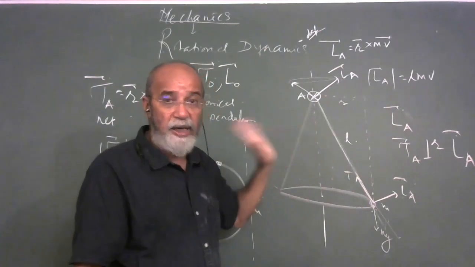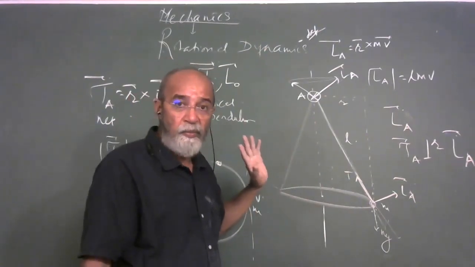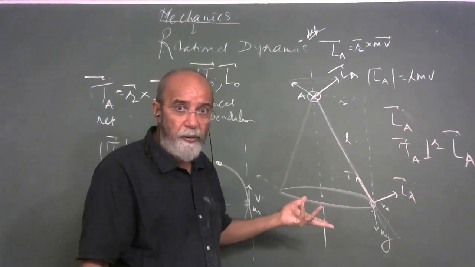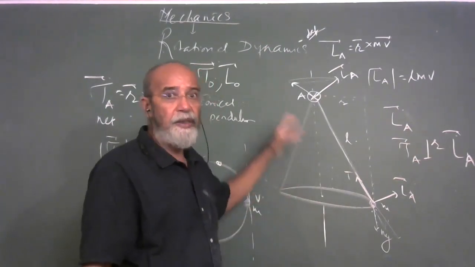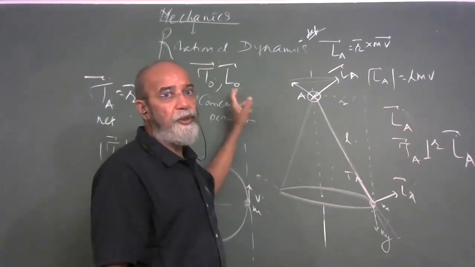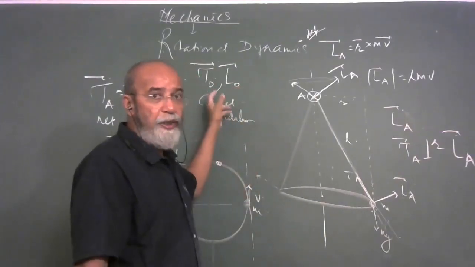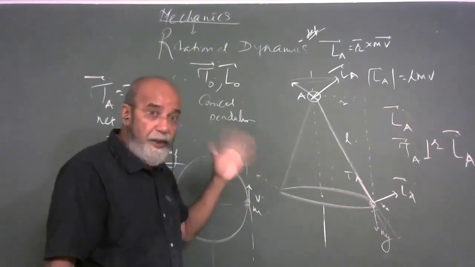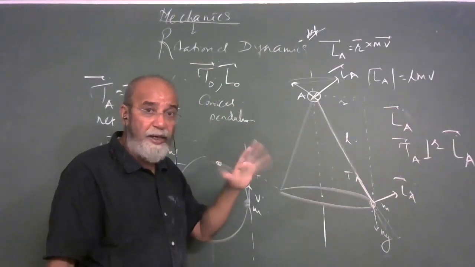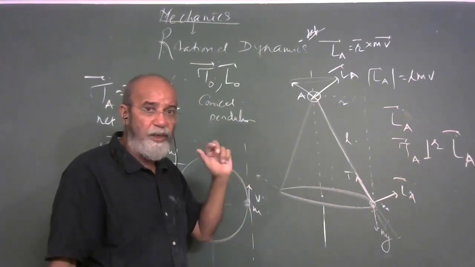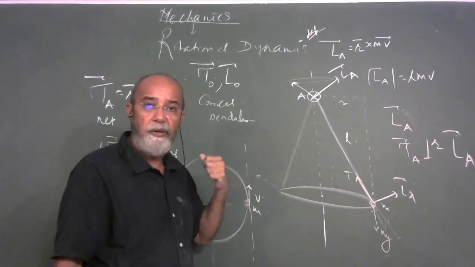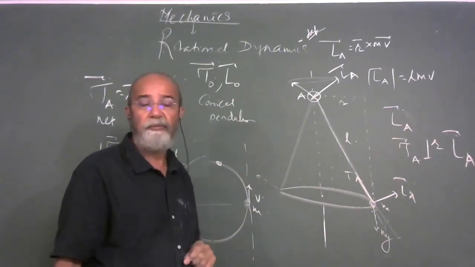Now, I'm going to highlight this further in the next class. But try and understand what I'm trying to tell you. I am not concluding my chapter. I'm just trying to tell you that there is a mutual relationship between torques and angular momentum, the motion vector. If you can exploit that mutual relationship, you will understand the dynamics involved in rotation very well.